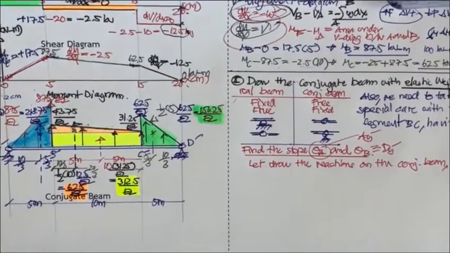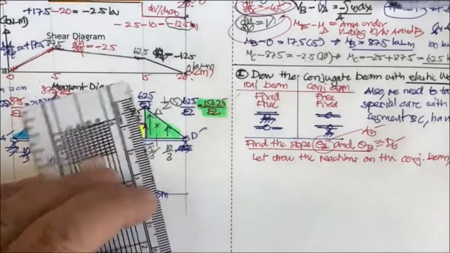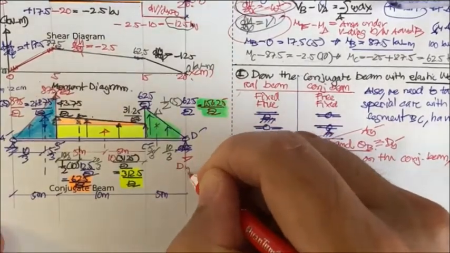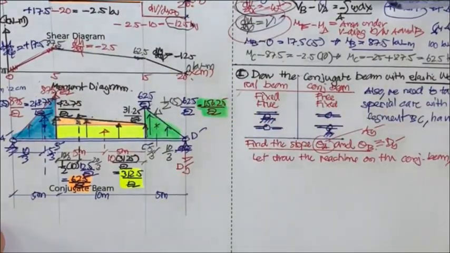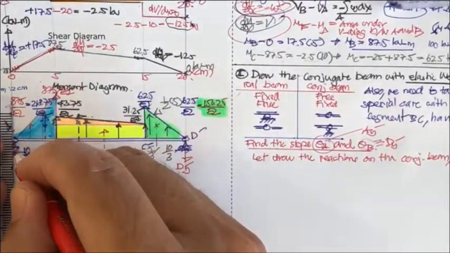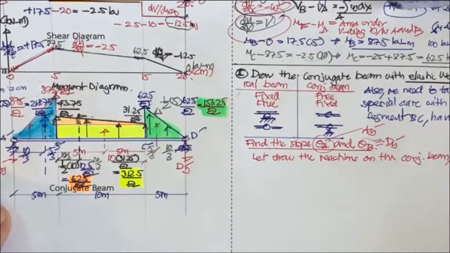We are going to have this one for D sub y prime, which is theta sub b, and this one is A sub y prime.